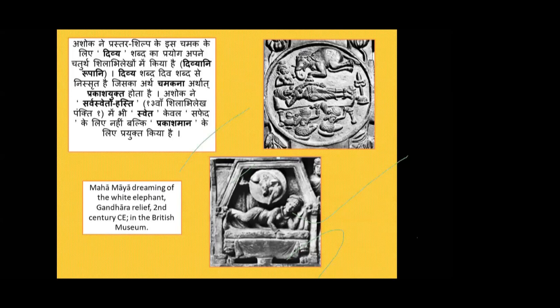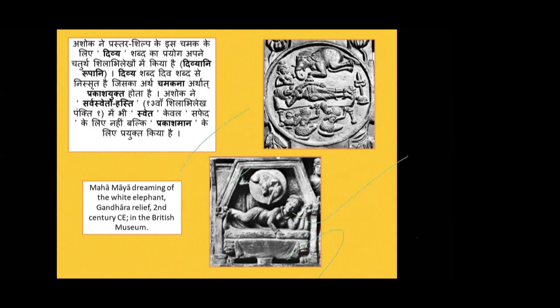Sveta means Shweta, the white. But both the words have meaning with the Abha, that is Prakashman, the lustre, the glow. And as such, the word is in itself Divya.